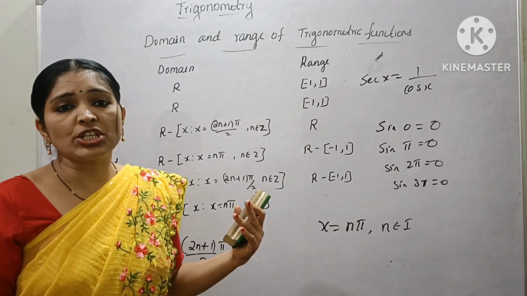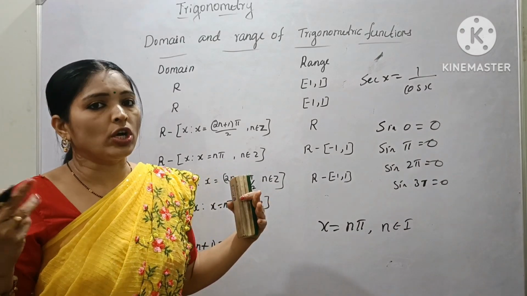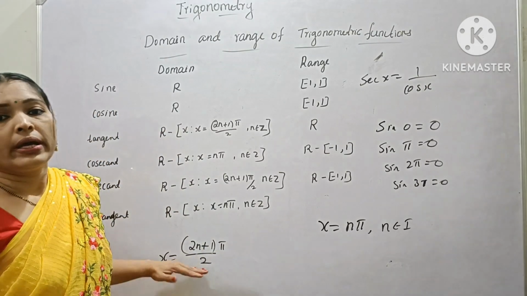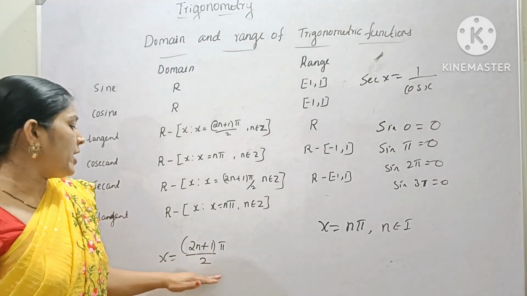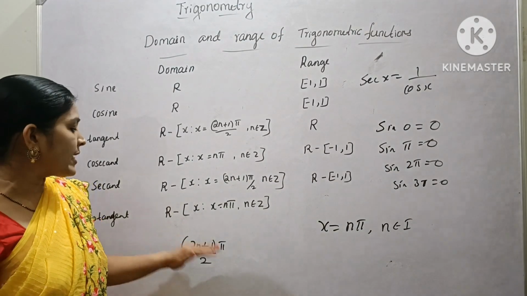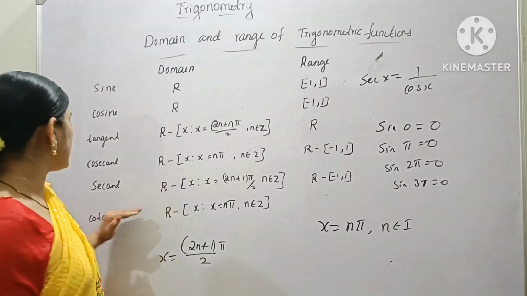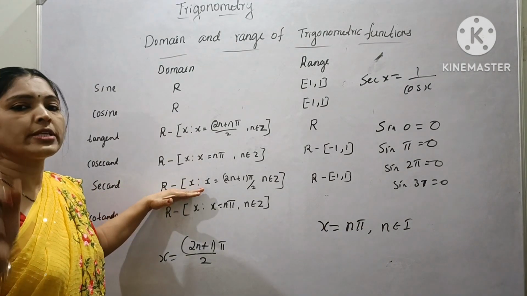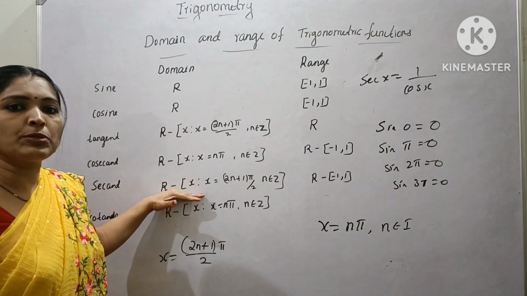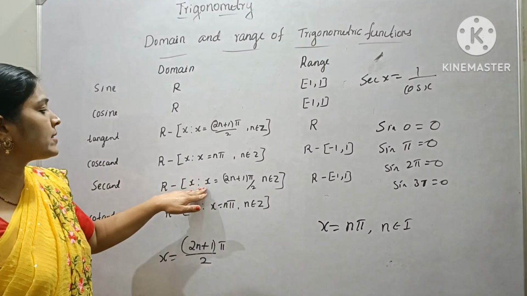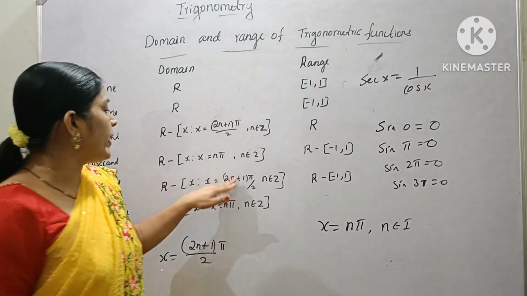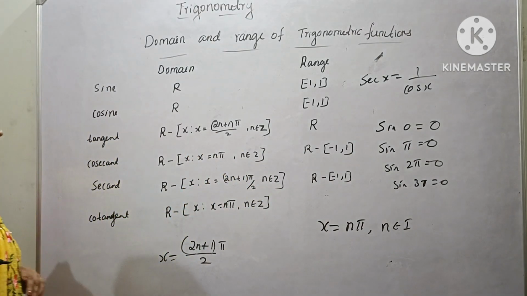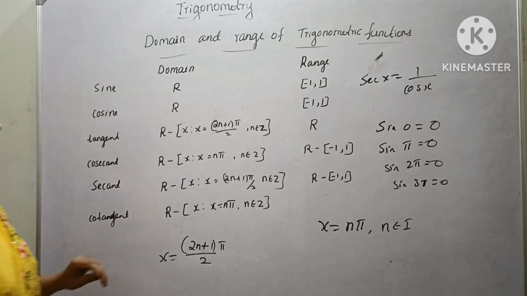When cos is 0, x is equal to (2n plus 1) pi by 2, right? So except these values, the sec function will be defined. The domain is R minus the set of x such that x is equal to (2n plus 1) pi by 2, n belongs to Z.